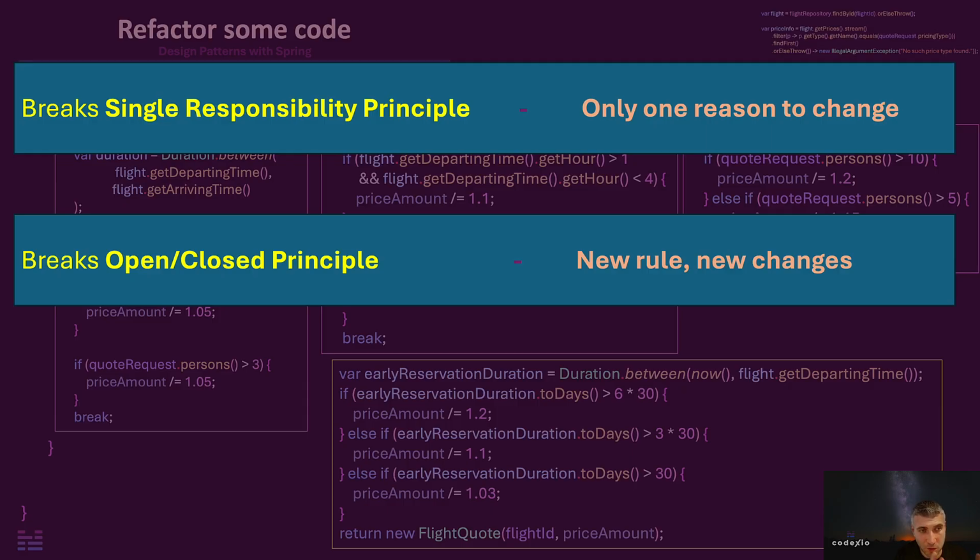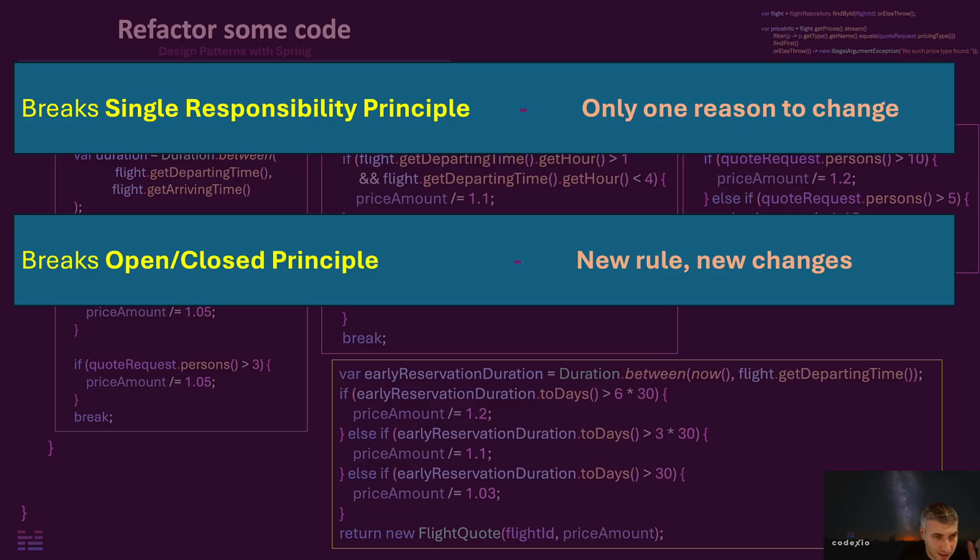And the open close principle says, okay, your code base should be open for extension. New rules should be able to come. But your system or your module should be closed to modifications. So each time a new rule comes, maybe you need to add new classes, but you do not have to change the existing ones because they already have the general business logic there.